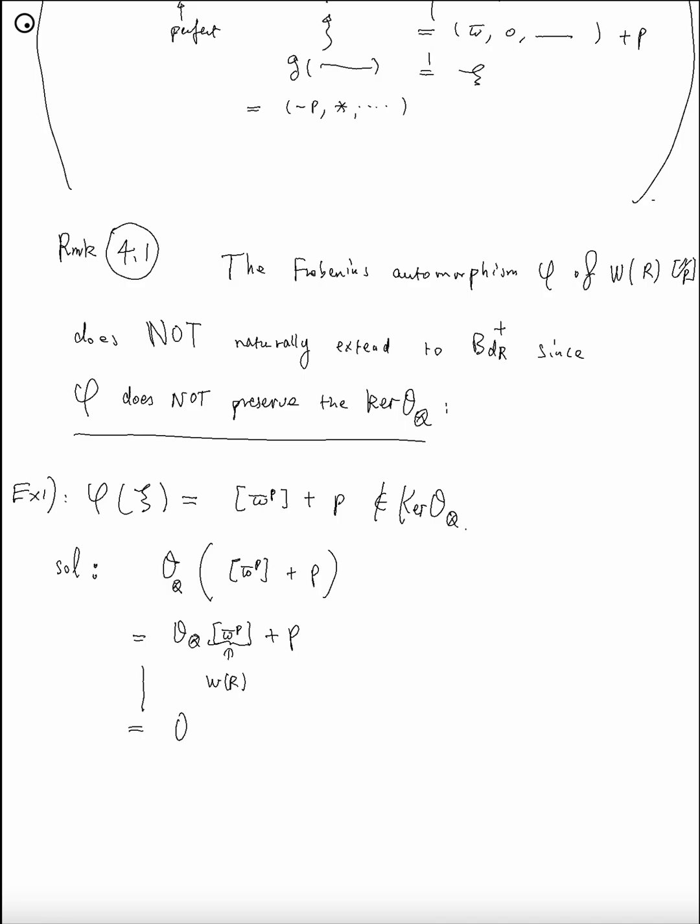So by definition, this is just theta of this. This is just omega_p0, because this element has only the first term nonzero, so this is only this, plus p. And now this is no longer minus p, this is minus p to the power p. Wait.